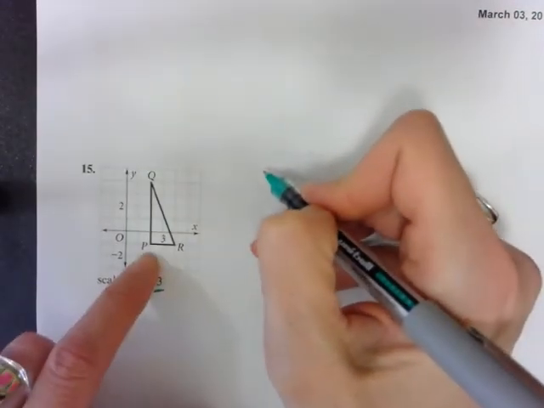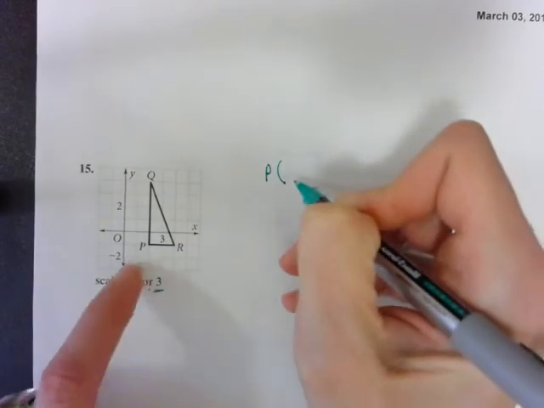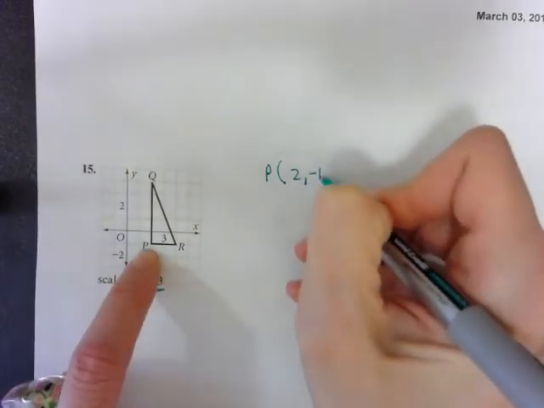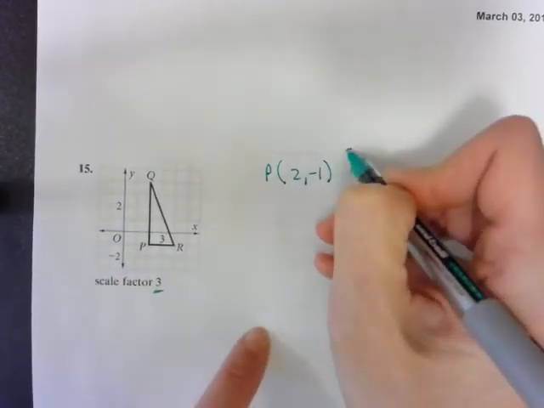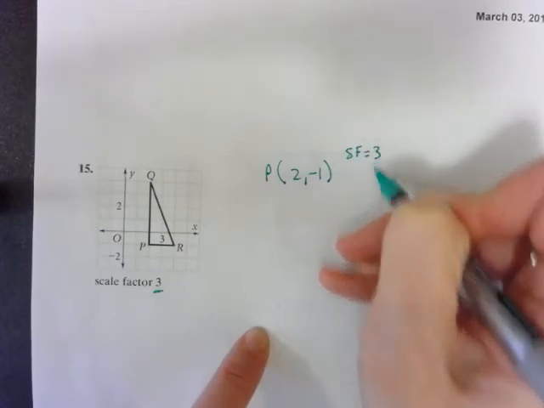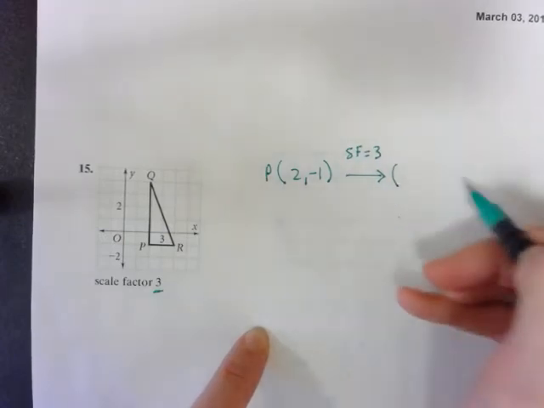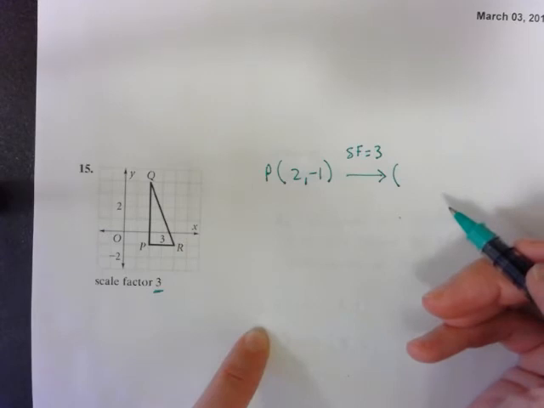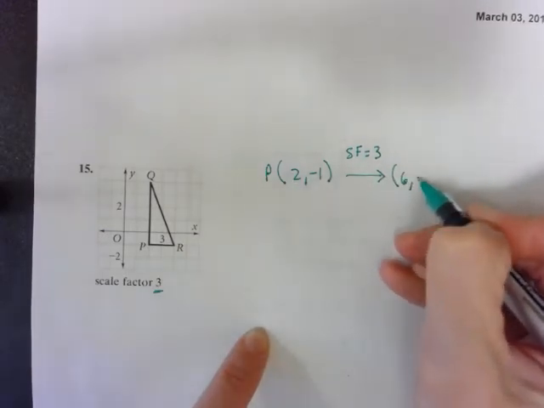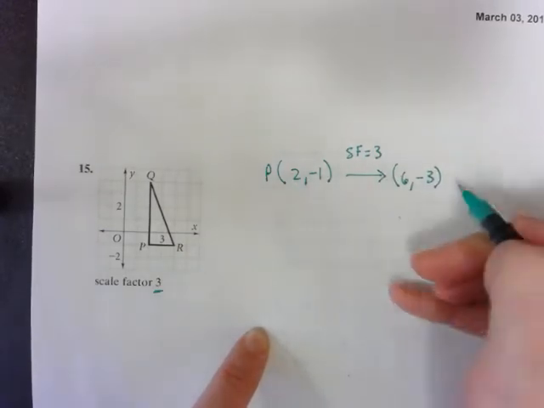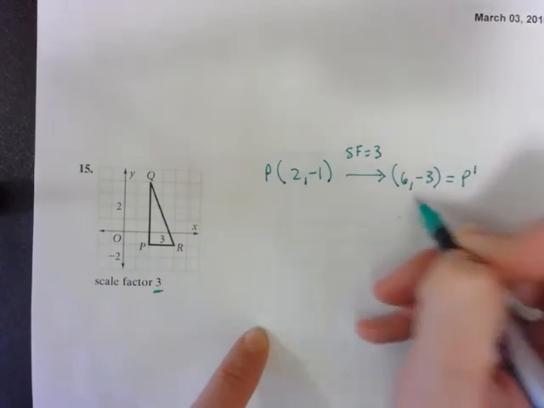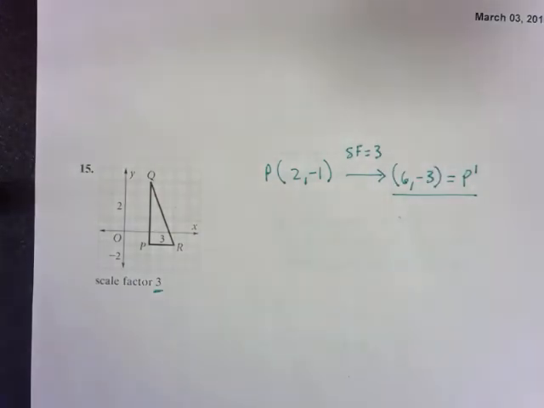So if I know that my P is at (2, -1), and I have a scale factor of 3, what is my image going to be? (6, -3). And that's going to be my P prime, and that's where I'm going to start graphing.